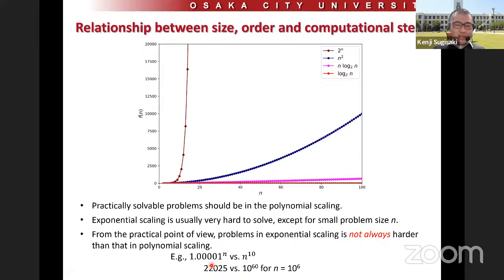It is exponential scaling, but even if n equals a million, this function is still just 22,000. But the other is a polynomial scaling, and if n equals 10 to the 6th power, this value becomes 10 to the 60th power. So in this case, the polynomial scaling is much larger than the exponential scaling from a practical point of view.